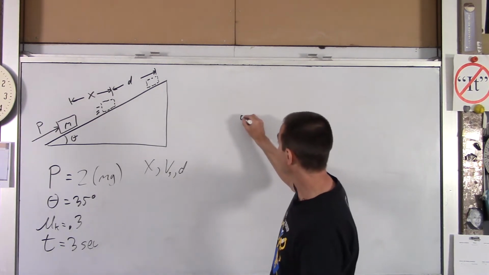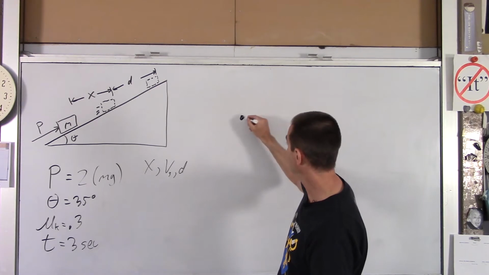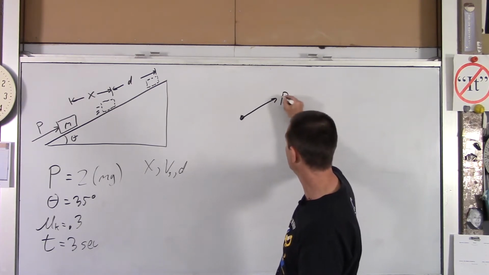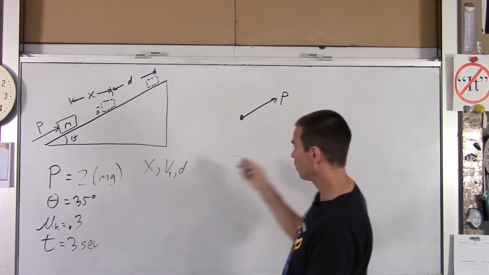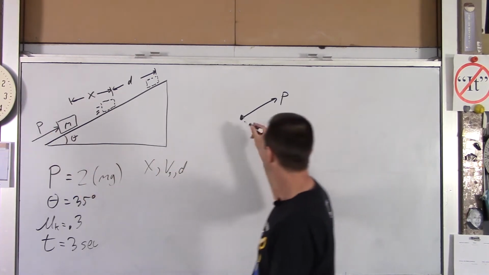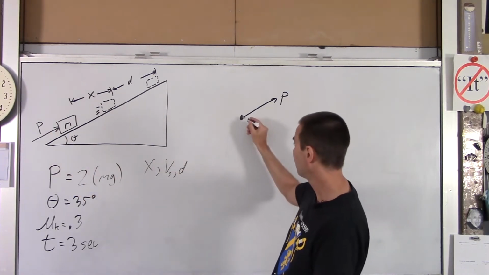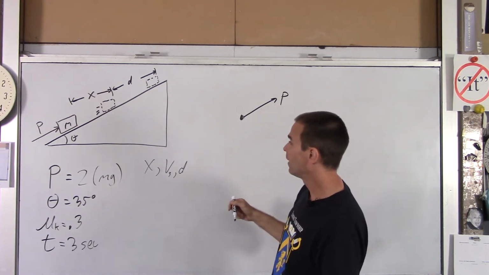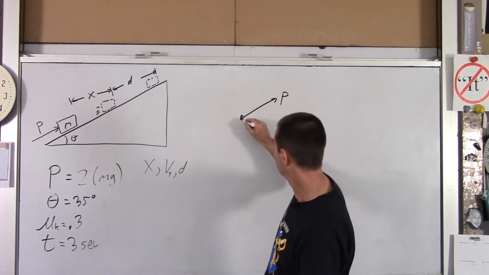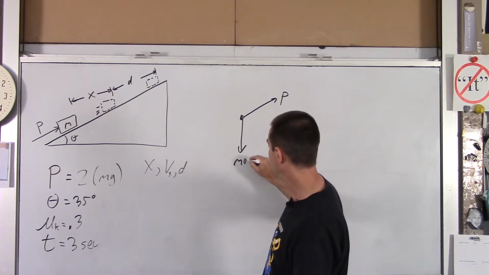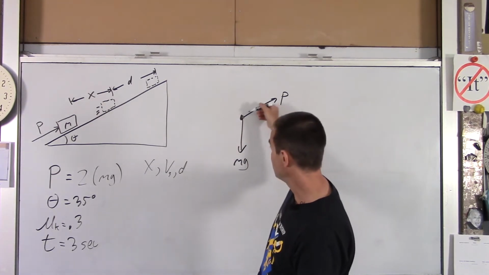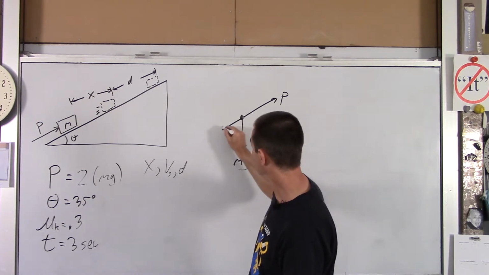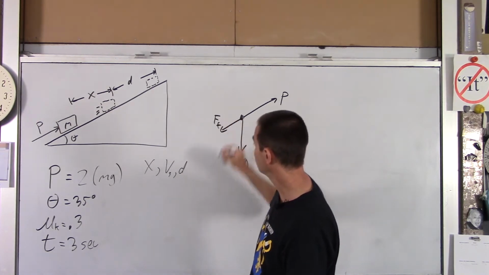So, I've got my box, and I'm pushing with a force P. Notice that I always start at the dot and draw an arrow from the dot. So even though P is pushing on the box, it looks like a pull over here, but it's just drawing from the dot outward. The block has a weight, so that is mg. I told you there's friction, and that's going to be against the motion, the force of friction.